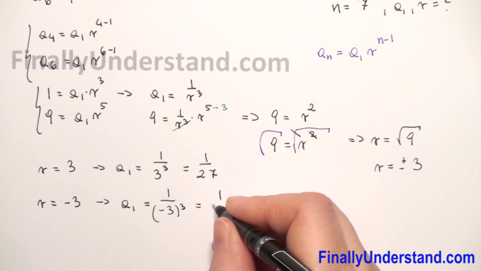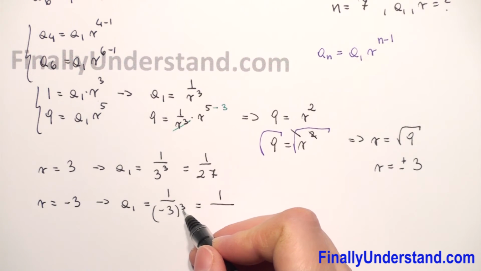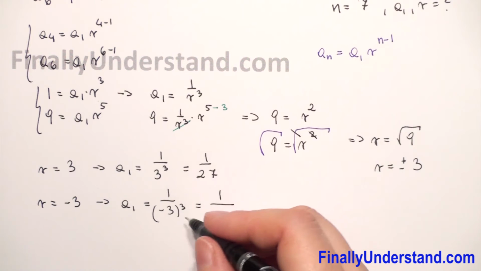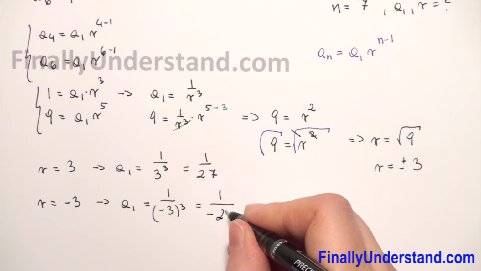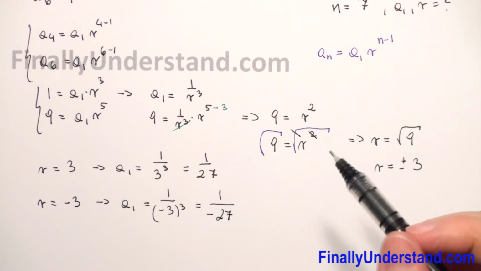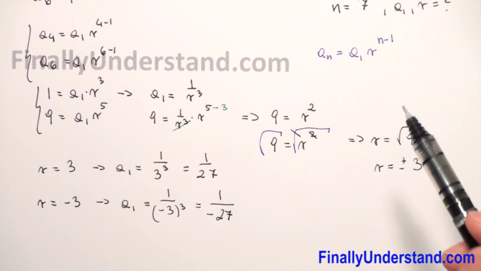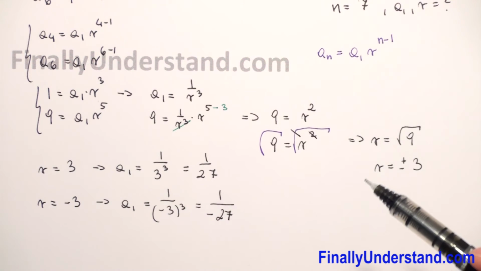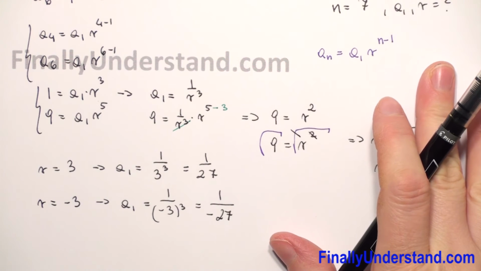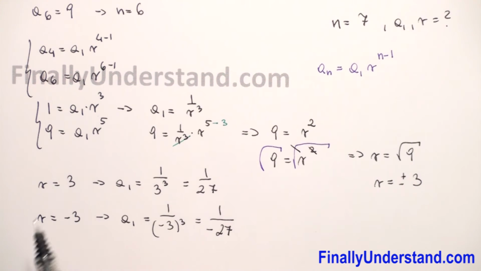This is an odd power, so the negative sign will stay, and 3 to the third power is 27. So we will have two solutions. Now we have to find the sum for r equals 3 and a1 equals 1 over 27, and for r equals -3 and a1 equals 1 over -27.